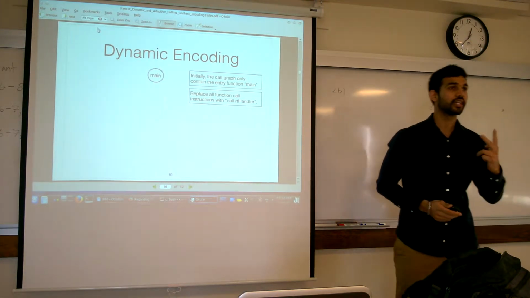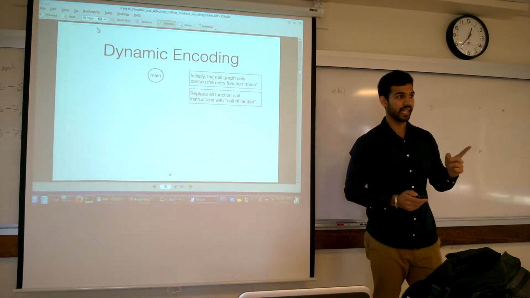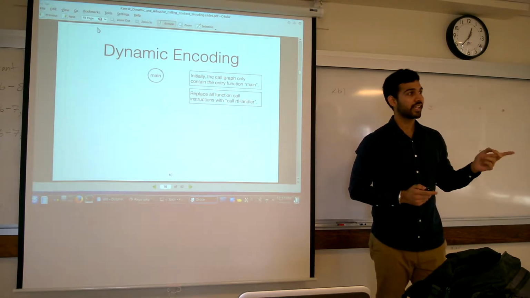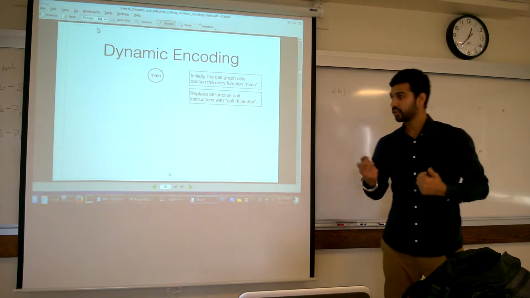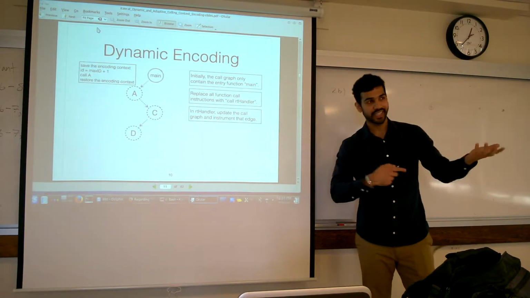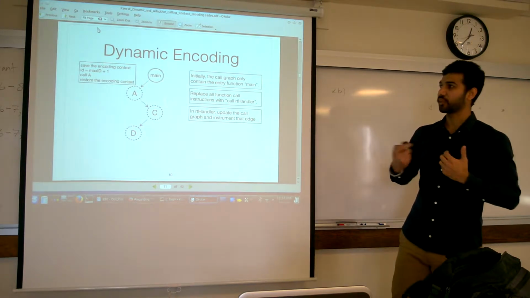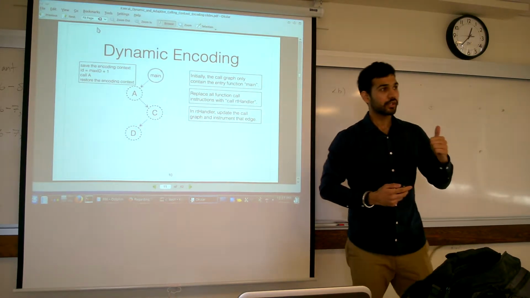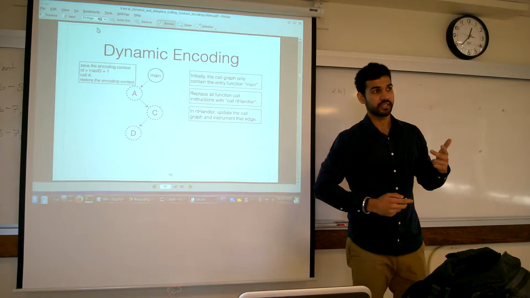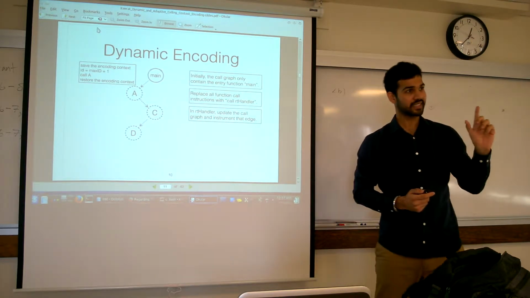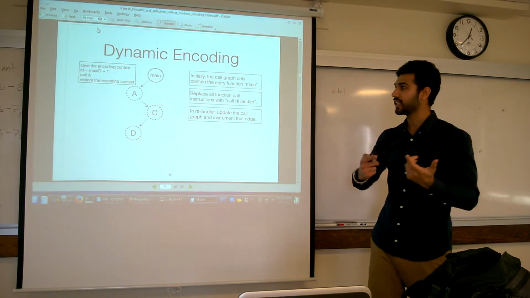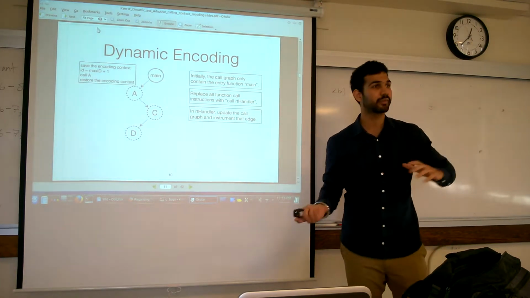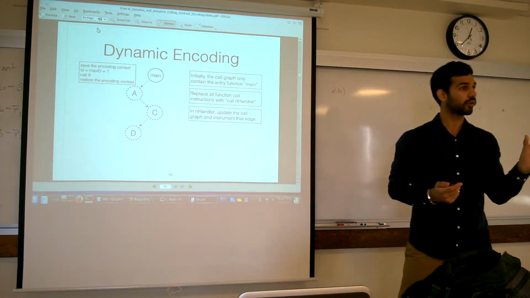It does two things. First, it will add the edge to the call graph. And secondly, it will instrument the code around that edge. So what exactly do I mean by instrumenting? Instrumenting means doing two things. It saves the current context of the edge or the function being called, saves the current encoding context.